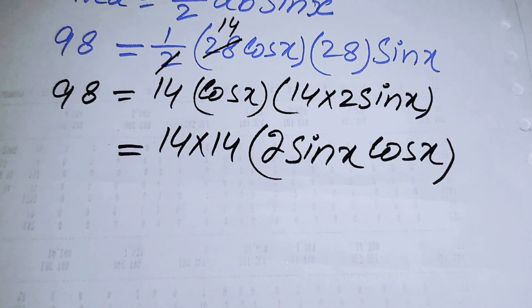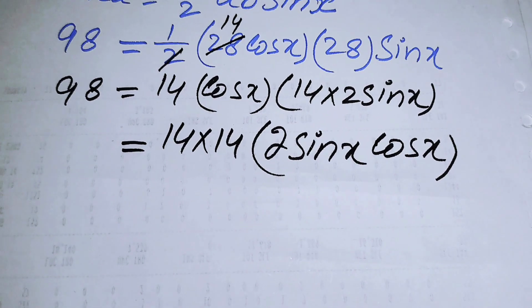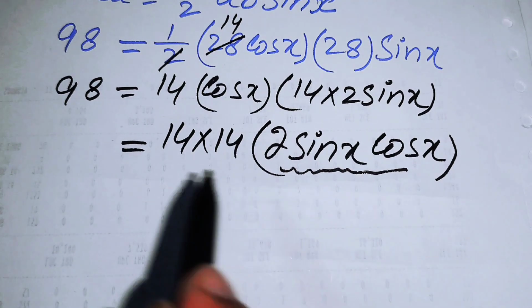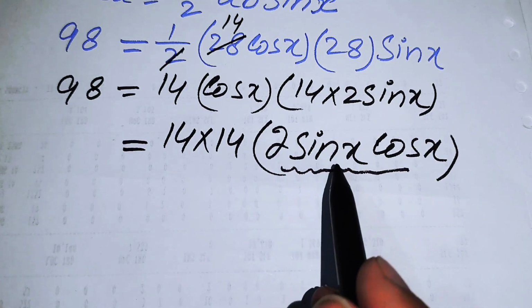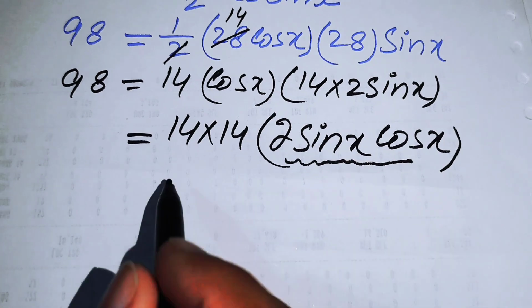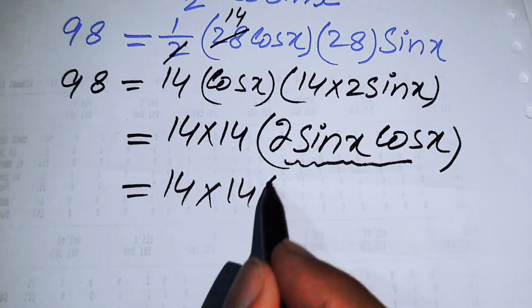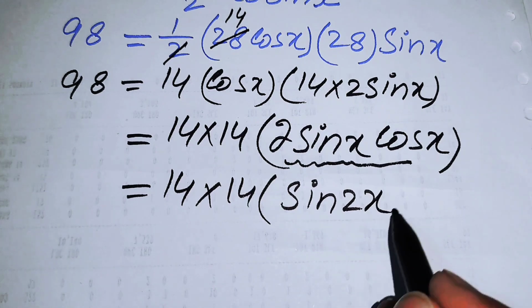So here you get the well-known double angle identity. So you know that the closed form of this formula is 14 times 14 into sine of 2x.